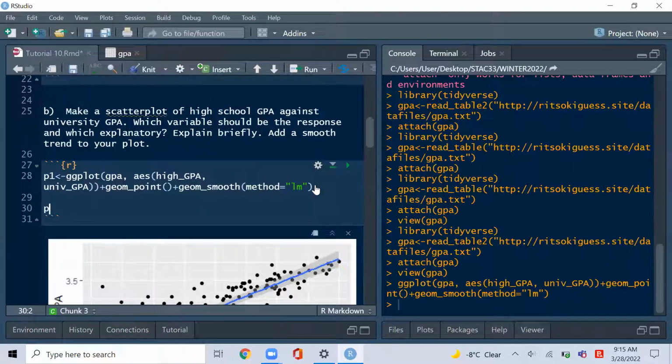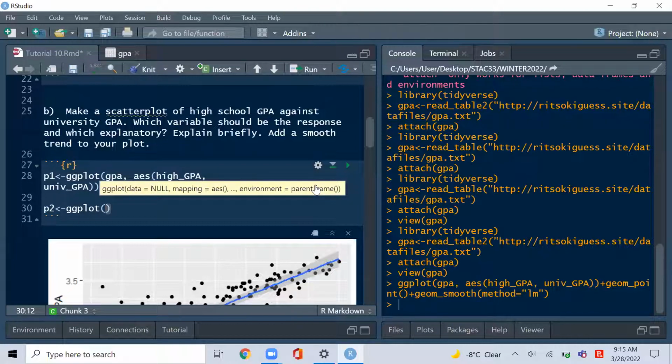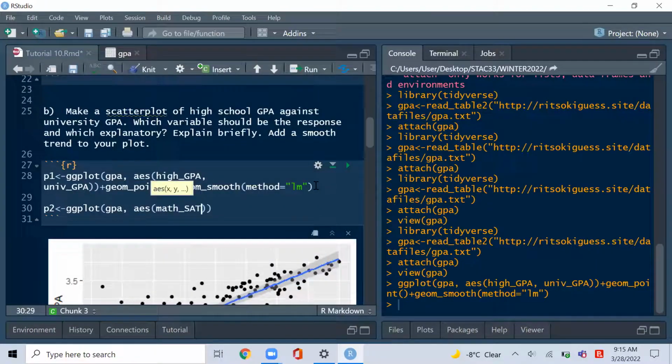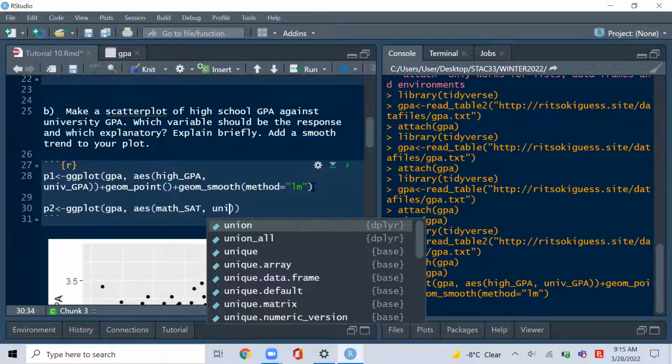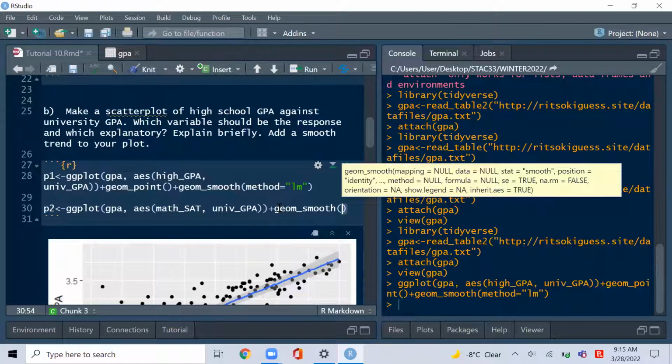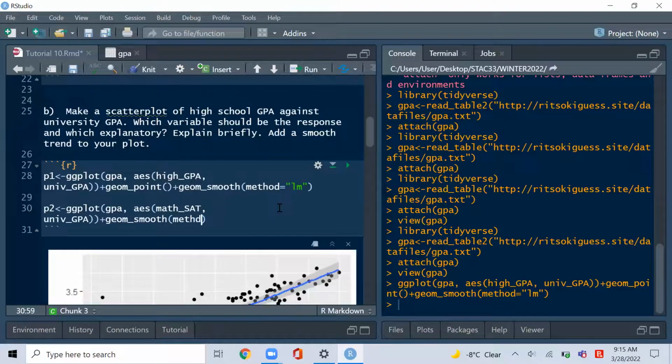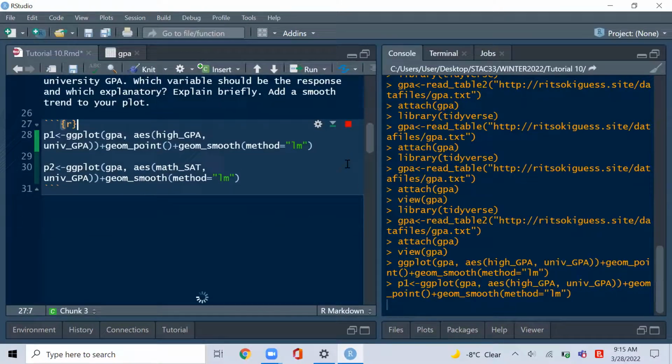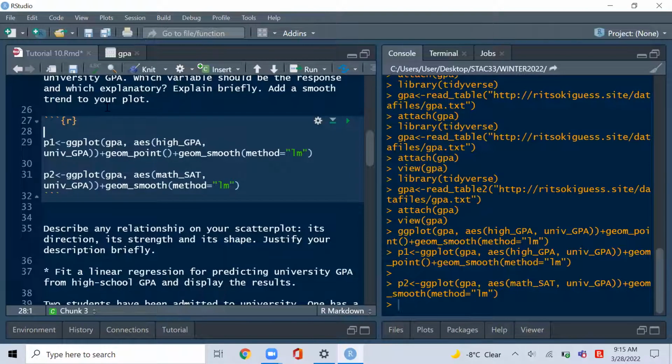But I will make a plot, for example, for math SAT. I'm not going to do them all. I'll just do math SAT scores so you can see what it looks like. And I'm going to put them in the same grid.